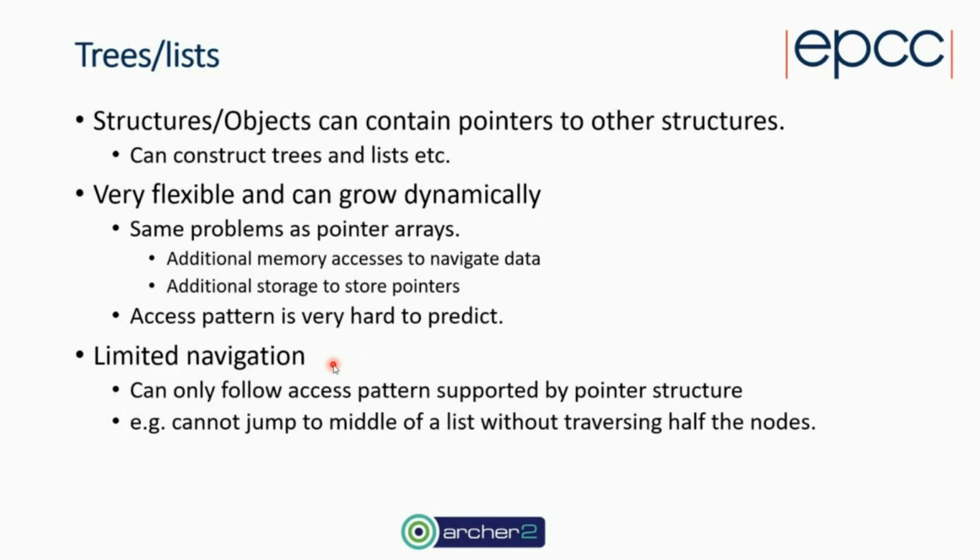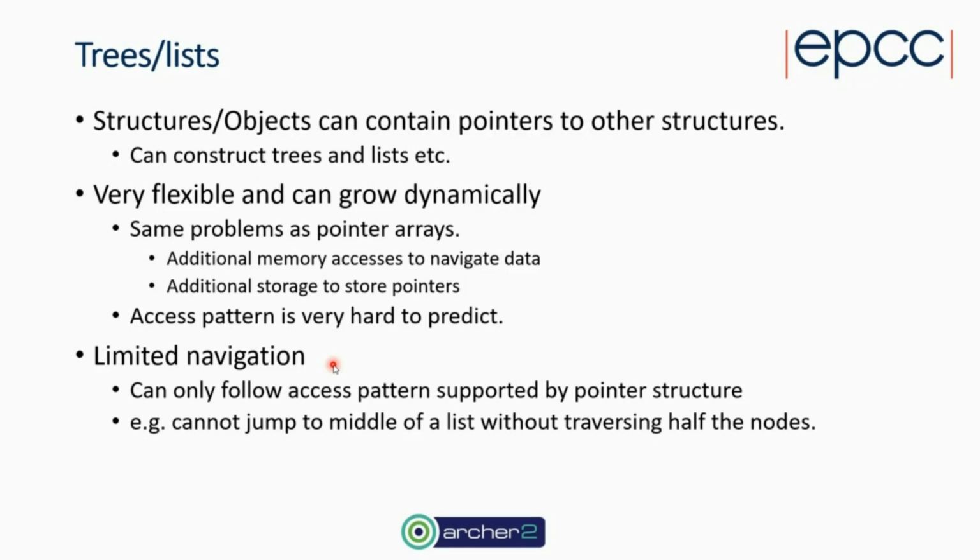Trees and lists are great programming objects for certain algorithms. They map naturally to certain things that you need to do, like sorting lists and maintaining and growing and shrinking data structures. So from a programming point of view, they're really nice structures, but they have the same problem as pointer arrays, where you have these extra overheads to get the data in and out of them.